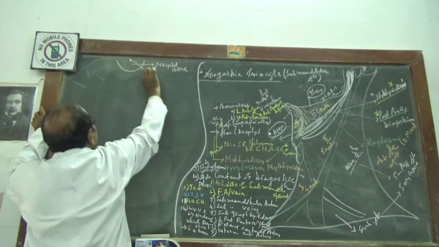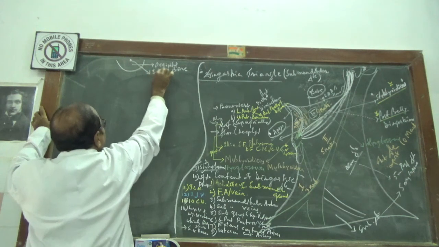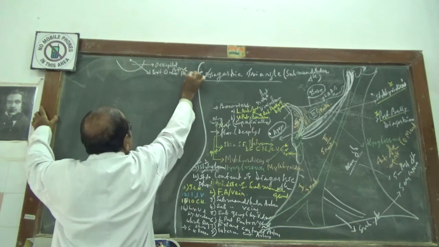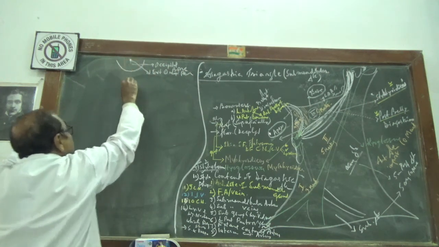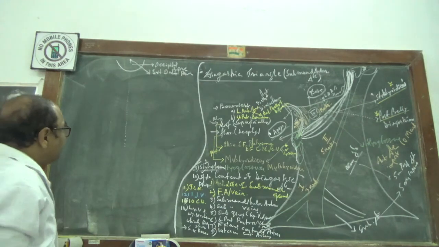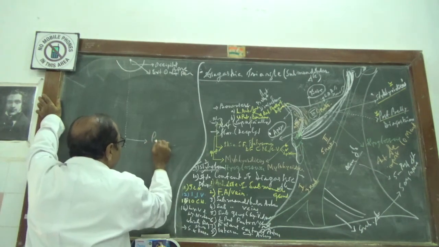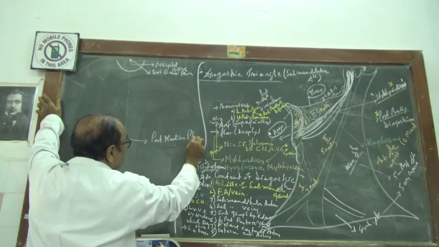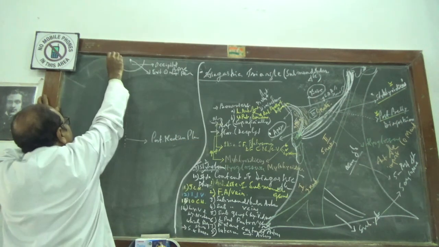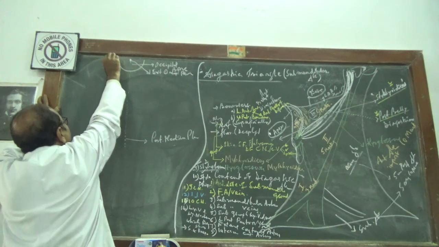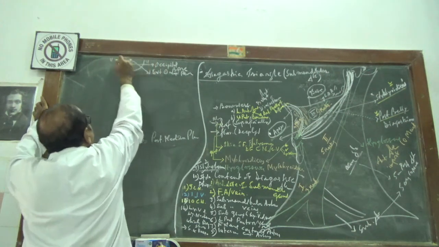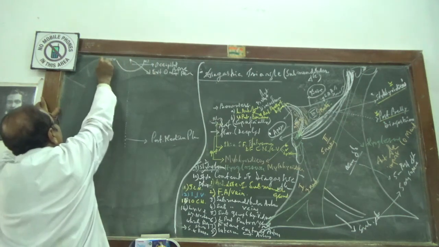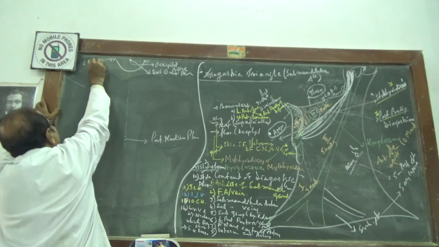This is the external occipital protuberance. This is the posterior median plane. This will be the lobe of the ear.